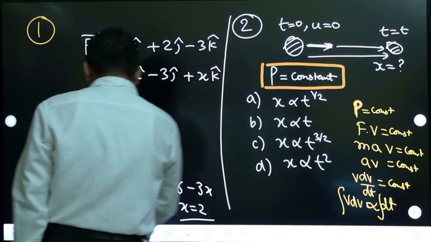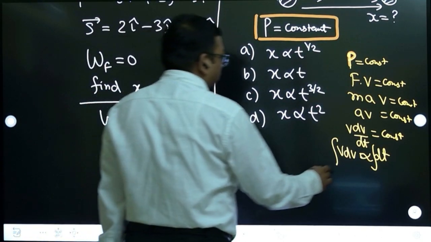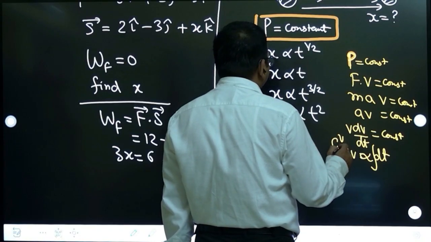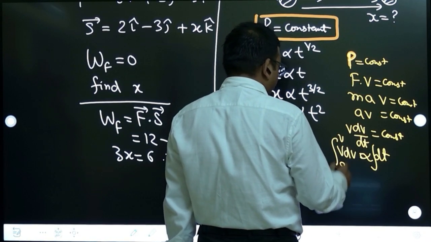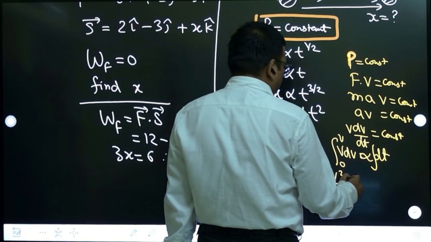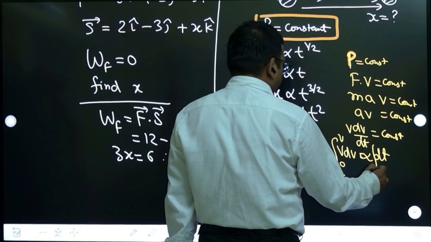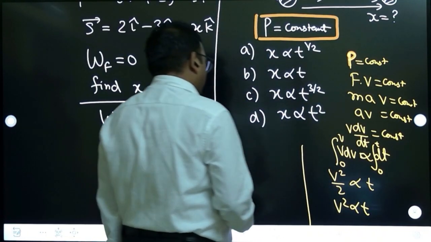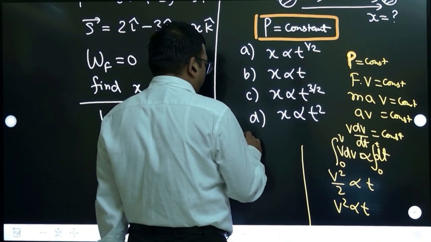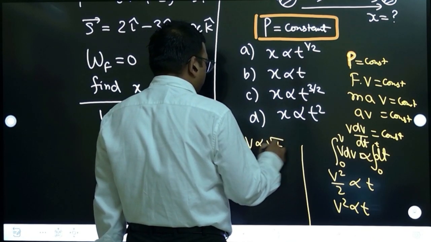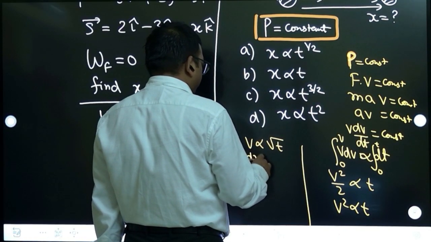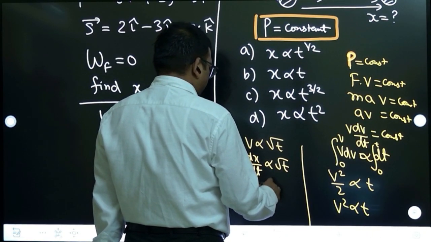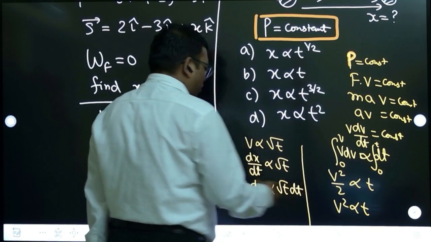If I integrate this, then this will become v square by 2, from initial velocity 0 to v. Option 3, let us check that. This is proportional to t only, from 0 to t. That means v square is proportional to t. Then v will become proportional to root of t, and velocity can be written as dx by dt, which is proportional to root of t. So dx is proportional to root t dt. Then further integrate.